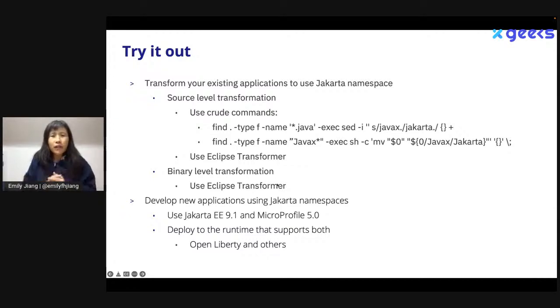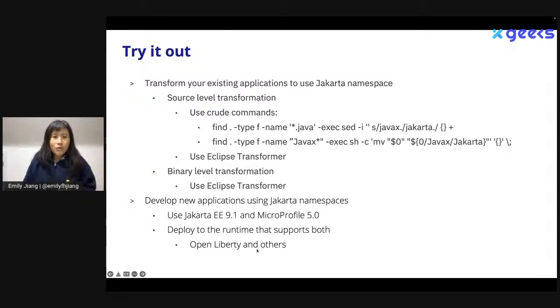But if you want to develop a new application, I highly recommend you use Jakarta EE 9.1 and MicroProfile 5. Do not look into the older versions of the releases, because the future is the Jakarta namespace; javax is dead.